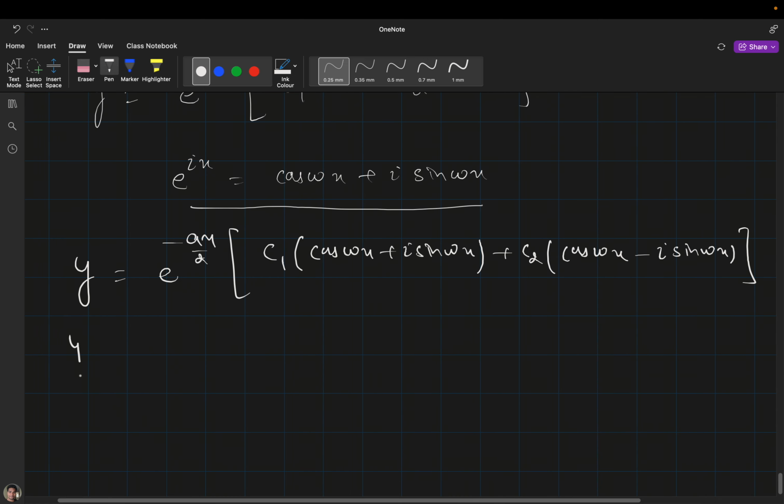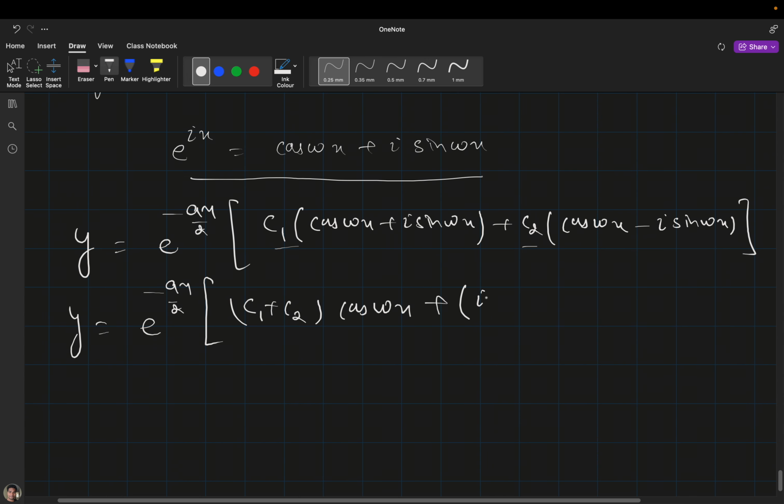Now you can see that C1 plus C2 is common with cos omega x. Similarly, here you can see that i C1 minus i C2 is common, and you will get sin omega x.